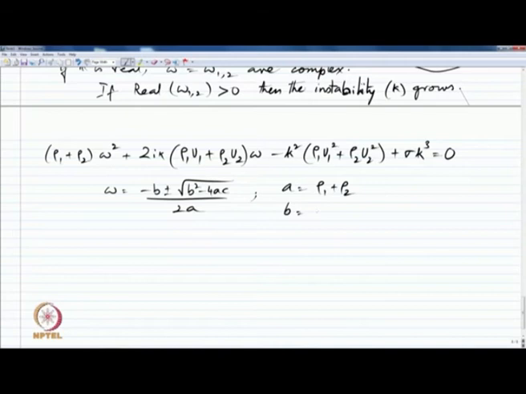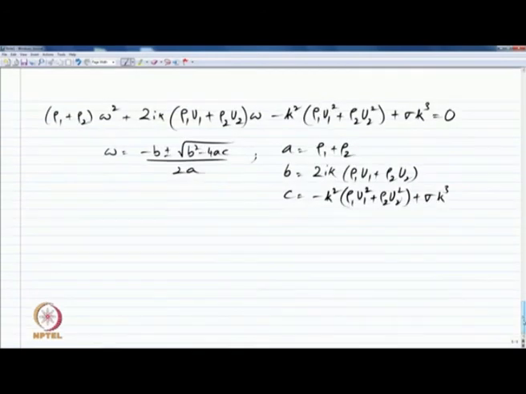B equals. I am not going to do the algebra here, we will just write down the solution. You can check this at your convenience.